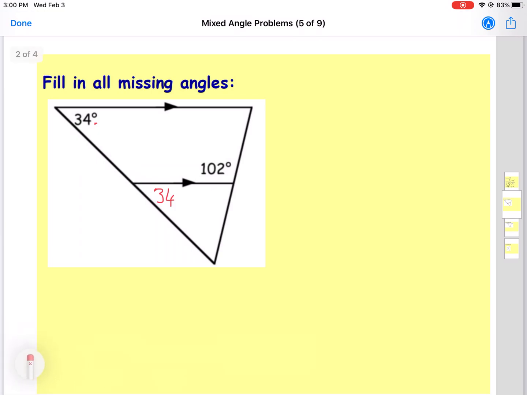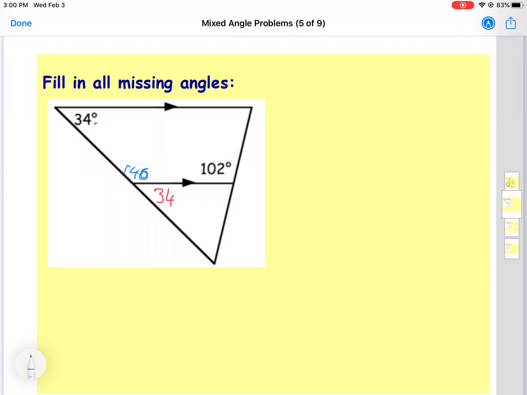Okay, remember 180 forms a whole straight line, therefore if we take away what we have from 180, we can get what's left over. So at the top there is 146.